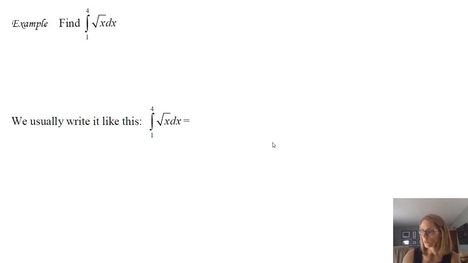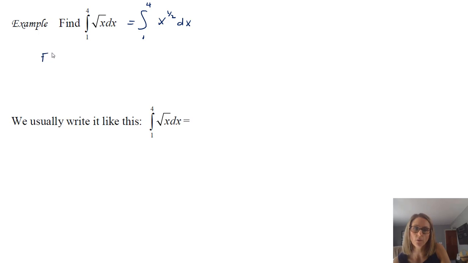So we'll take a look at some examples here, and we have the integral from 1 to 4 of, I'm going to rewrite this, x to the 1/2 dx. And then what we want to do is remember what we talked about in section 3.9, which is that the antiderivative of x to the 1/2 is adding 1 to the exponent and then dividing by that, and there's your antiderivative.